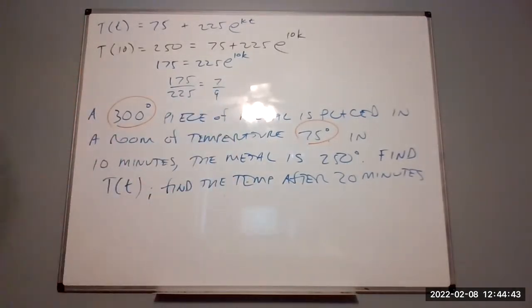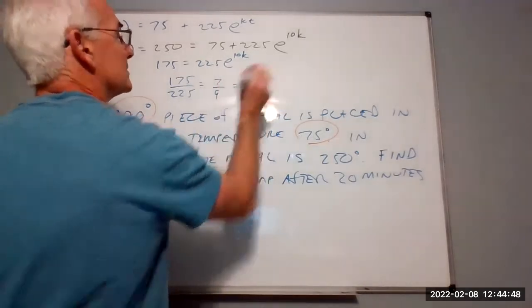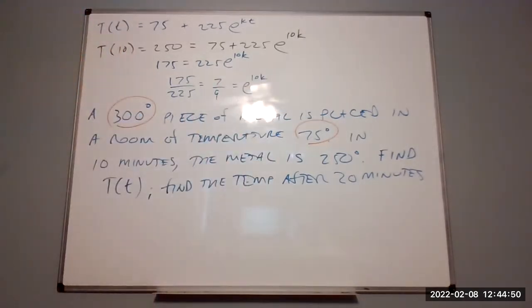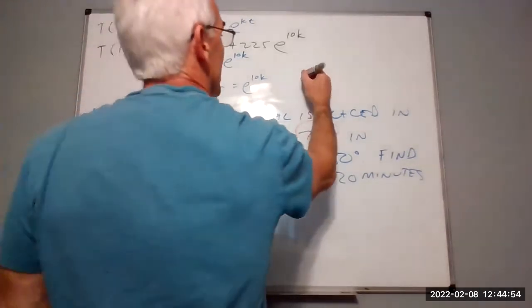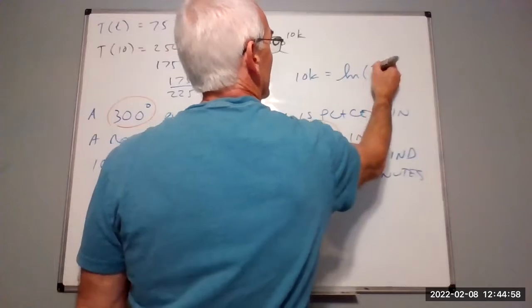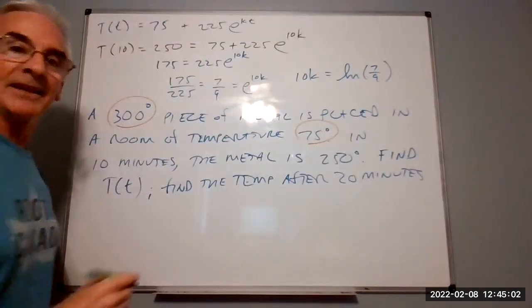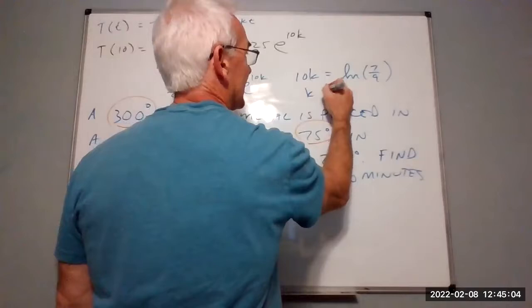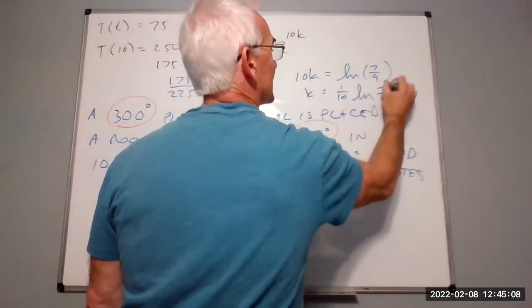You're going to get round off error. 7/9 equals e to the 10k. So finally, that means that 10k equals the natural log of 7/9. And finally, k equals 1/10 the natural log of 7/9.